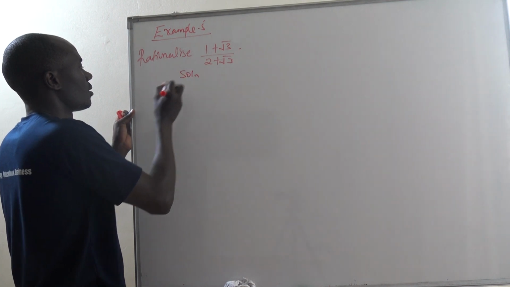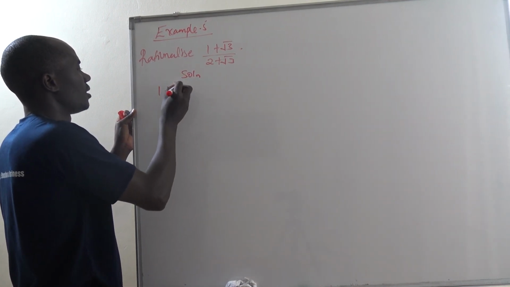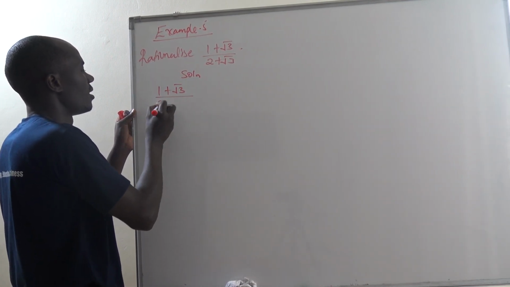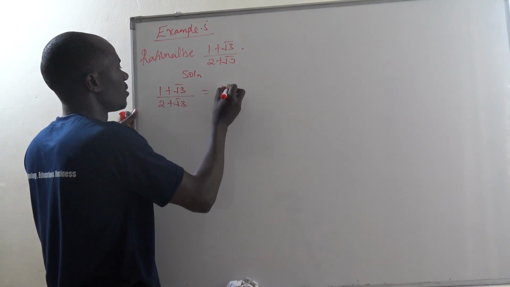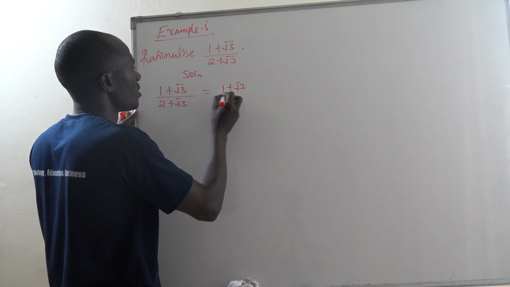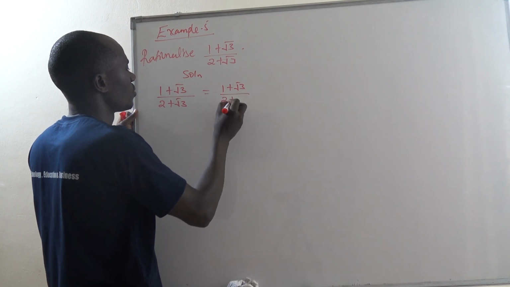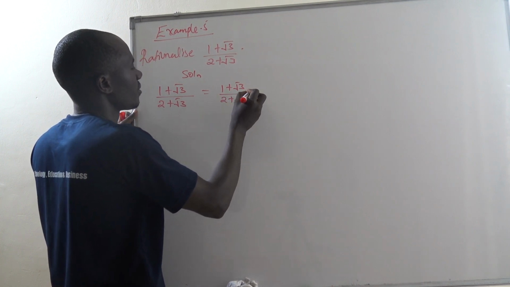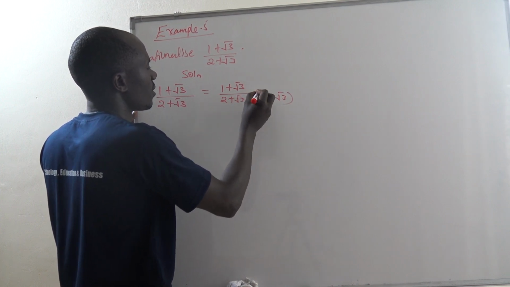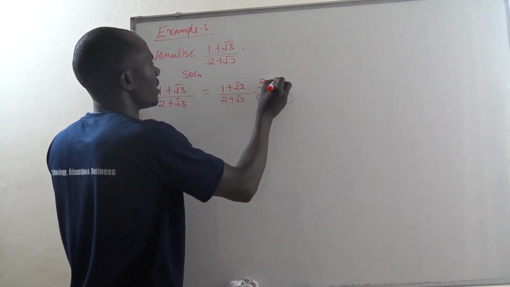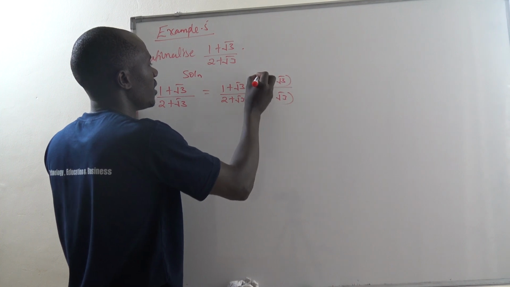Solution: (1 plus root 3) all over (2 plus root 3) equals (1 plus root 3) all over (2 plus root 3) times (2 minus root 3), that's our conjugate, 2 minus root 3.